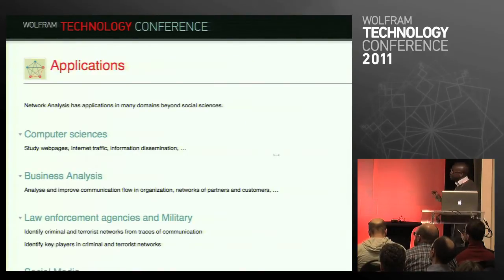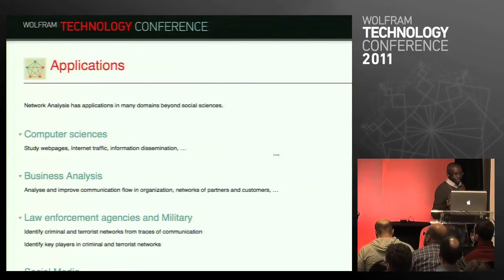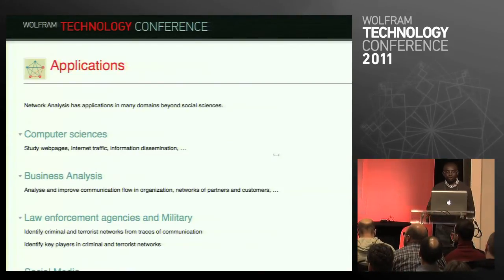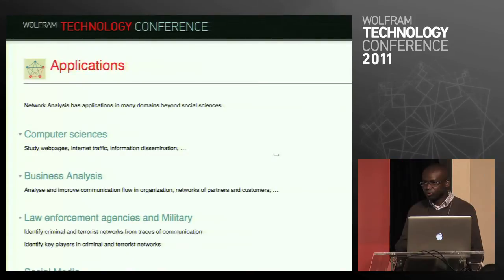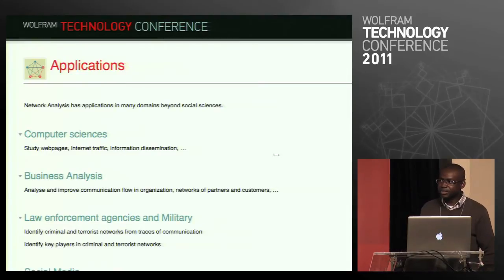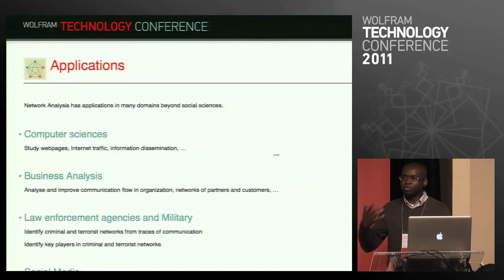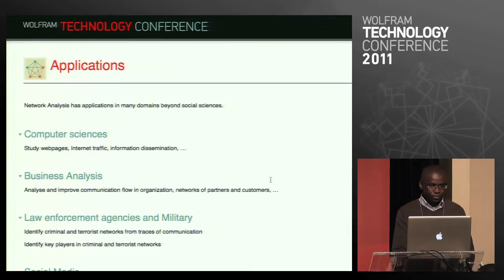Just to give you an idea, there are several applications for social network analysis. From computer science, where you study web pages, internet traffic, and information dissemination, several corporations do that for efficiency and traffic. People also use it in business analysis to study the communication flow in an organization, if you want to improve it and see how the workflow goes.